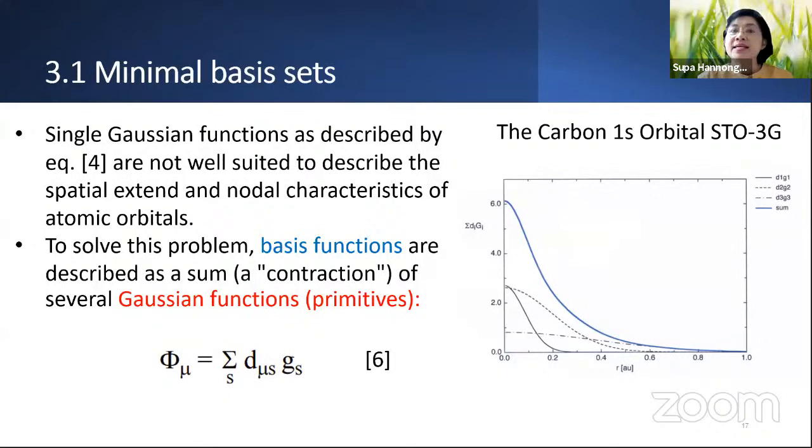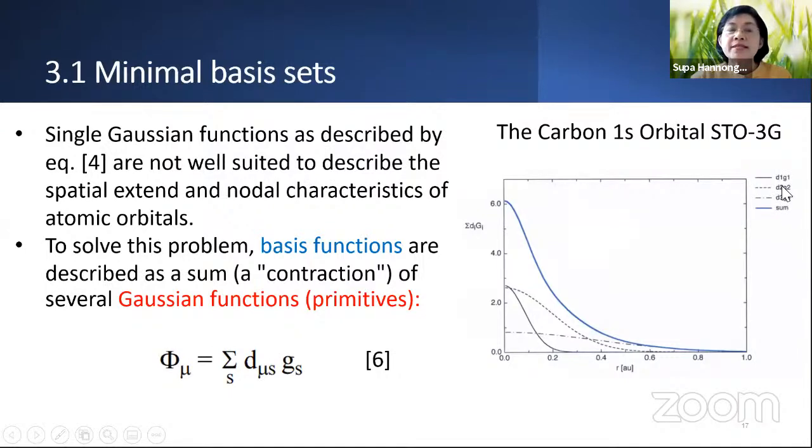For example, the carbon 1s orbital. How do we get the STO-3G? From this curve, you can see the combination of term 1, term 2, and term 3.